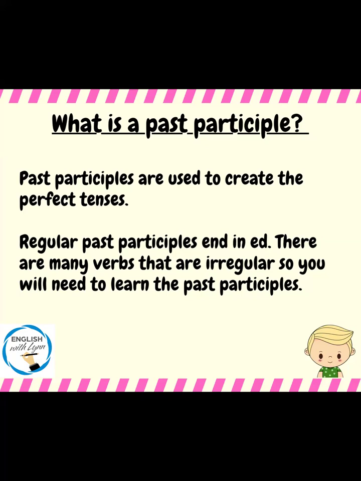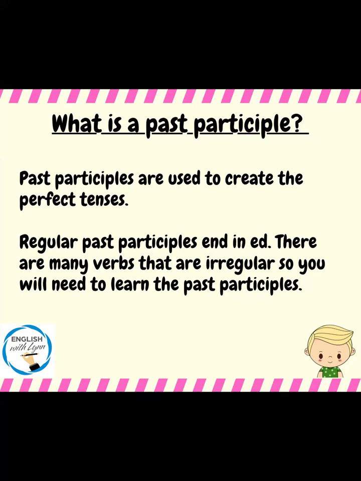So if I have the base verb go, the past tense verb is went, and the past participle is gone. If I have the base verb come, the past tense verb is came, but the past participle is come. So these verbs, they don't necessarily follow any set rules.